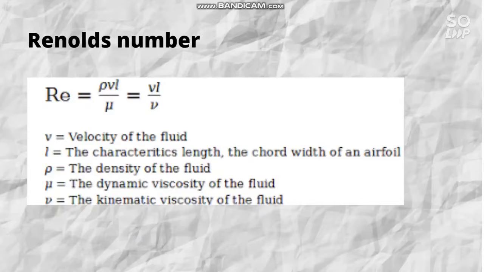The Reynolds number is the ratio of inertial force to viscous force within a fluid which is subjected to relative internal movement due to different velocities. Reynolds number can be simplified as Reynolds number equals the density of the fluid times the velocity of the fluid times the characteristic length, the chord width of an airfoil, over the dynamic viscosity of the fluid.